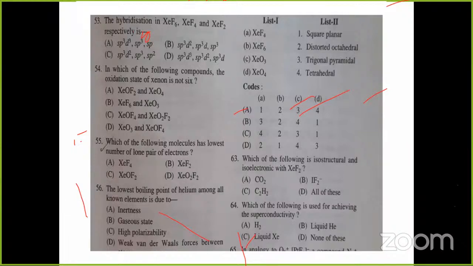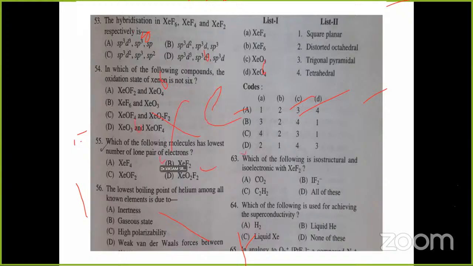B, sir. B, IF2 minus. You tell me how many electrons are present in Xenon F2? How many electrons are there? Yes, xenon. So around xenon, how many valence electrons? 8 valence electrons.